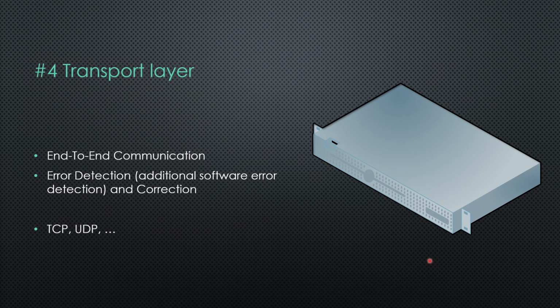Now going to the next layer, the transport layer. The transport layer is responsible for end-to-end communication and error detection and correction. Basically, what end-to-end communication means is we already got the IP addresses, so we can directly address one computer, but we cannot determine the endpoint. And with TCP and UDP, we can specify a so-called port, and this port is the endpoint we want to connect to. For example, a server or a device in a network can actually serve several endpoints.